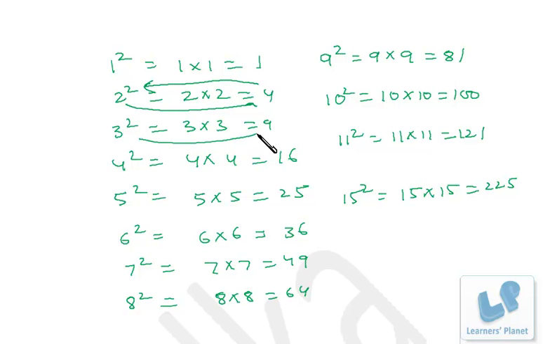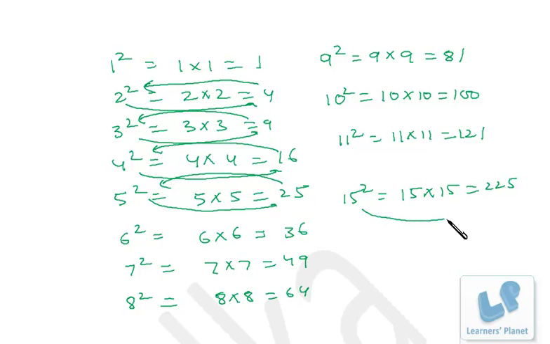Similarly, 3 square is 9 and the square root of 9 is 3. 4 square is 16 and the square root of 16 is 4. 5 square is 25. The square root of 25 is 5. Similarly, 15 square is 225 and the square root of 225 is 15. So square and square root, two important terms. I hope you are clear.